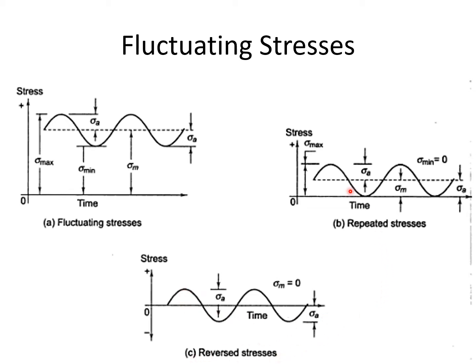If the stress varies to a certain value, comes back to zero, and then goes to the same value again, those are called repeated stresses. And if a stress variation does not come under these two categories, it is called fluctuating stress. Here the stress need not come to zero or a negative value.